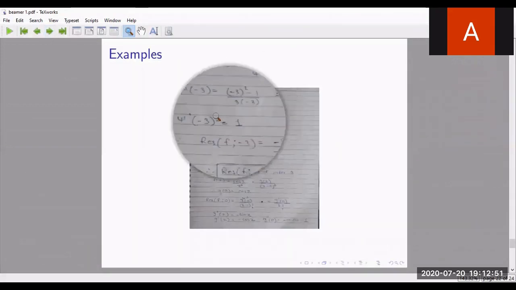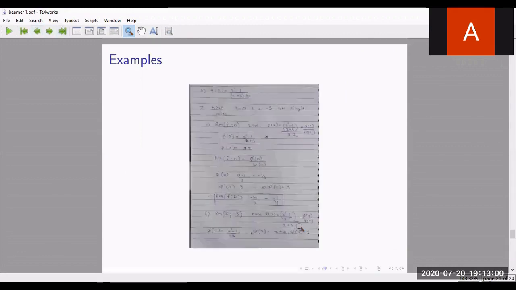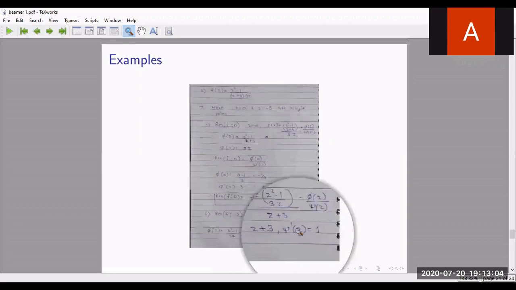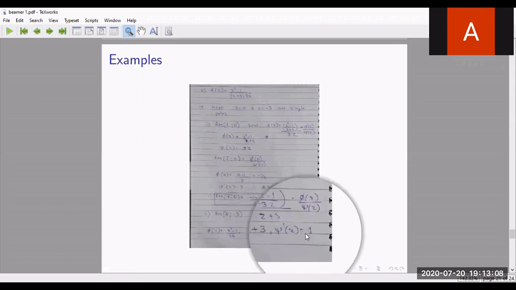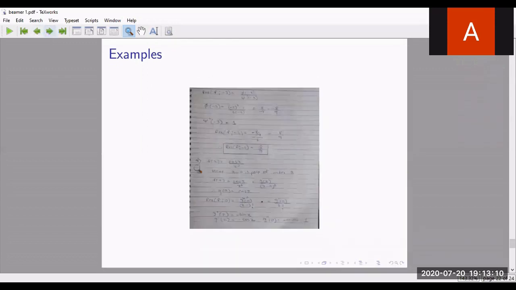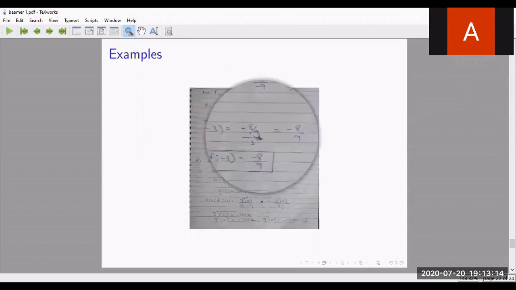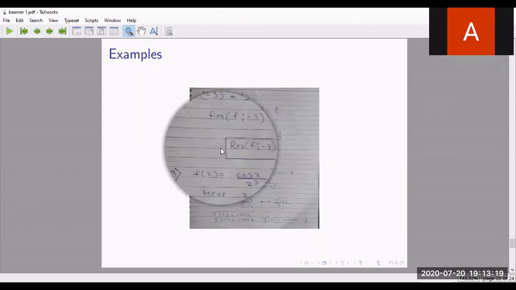Here psi dash of minus 3 is 1, because psi of z is z plus 3 and psi dash of z is 1, a constant term, so psi dash of minus 3 is also 1. So what you get, the residue of f is minus 8 by 9 by 1, it is minus 8 by 9.